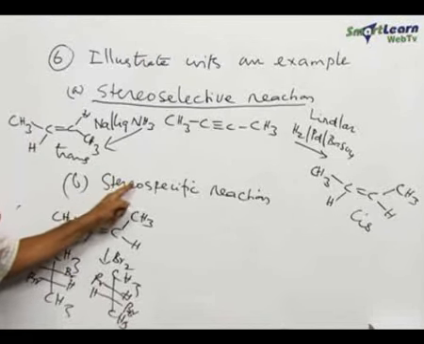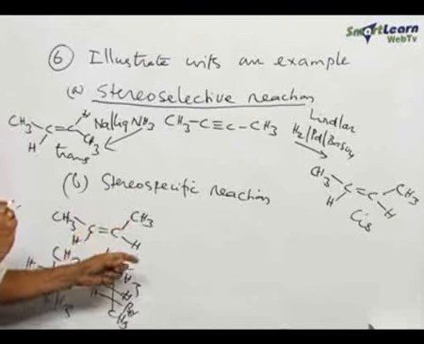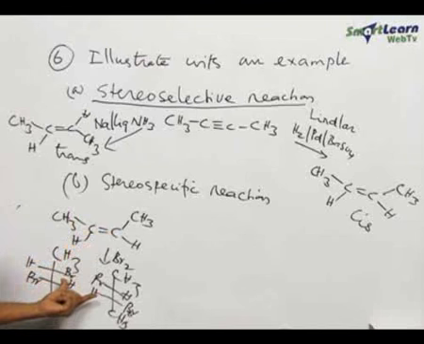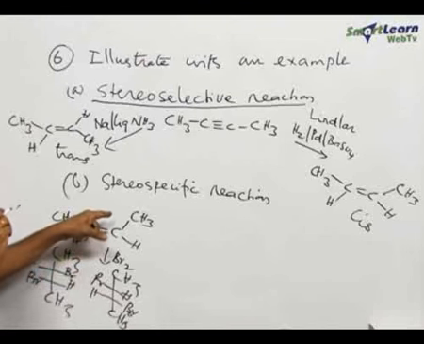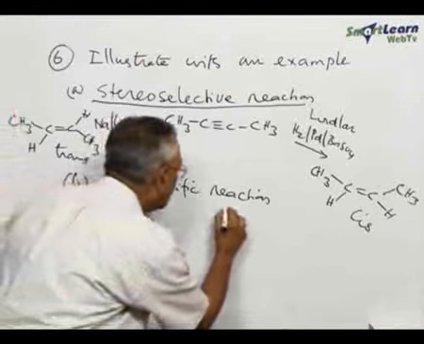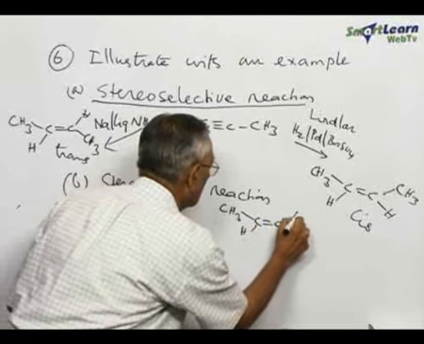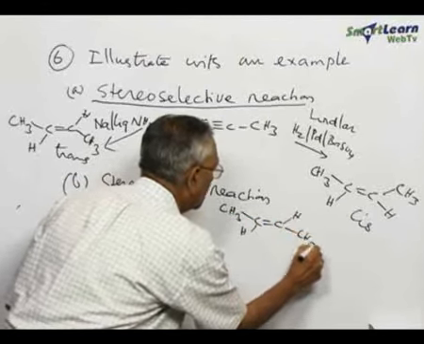So a stereospecific reaction is one in which an olefin of particular stereochemistry, namely the cis olefin, leads to a racemic mixture. Now instead of starting with the cis olefin, you start with the trans olefin and do the same bromination.